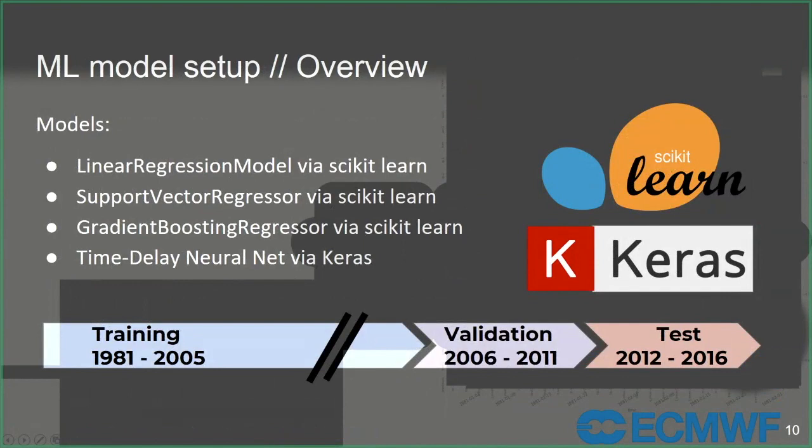And as a last model, we introduced a neural net that is using, like the other models, time-delayed features, and so we called it time delay neural net. But it's just using the same features as the other ones.